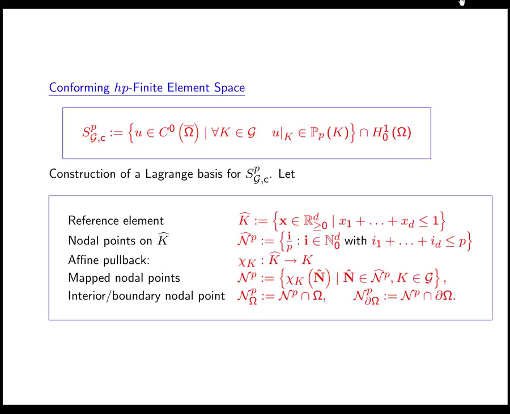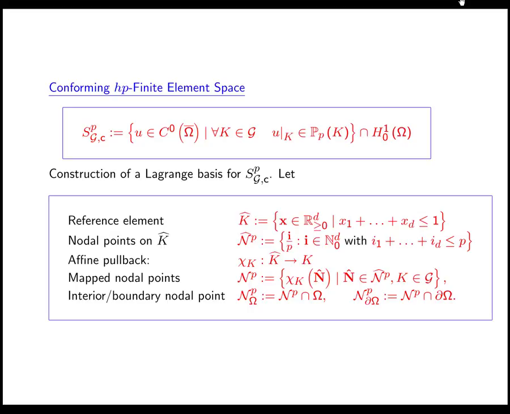And then it's very simple to define the conforming HP finite element space. I had 0 boundary conditions, which is this restriction 0 at the boundary, with continuous functions and polynomials of degree p on each element. So very standard.